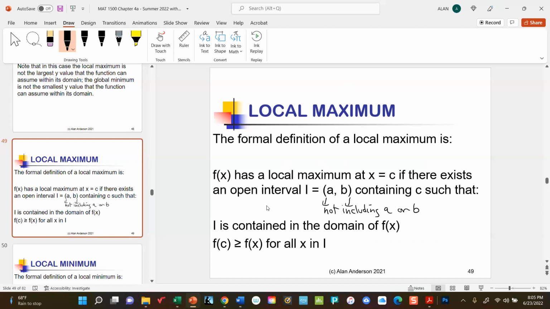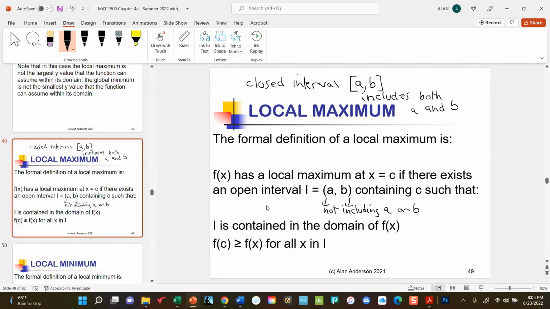It's everything in between. The opposite of this would be a closed interval. It would be written like this, and the square brackets indicate that it includes both a and b. That's an important distinction.